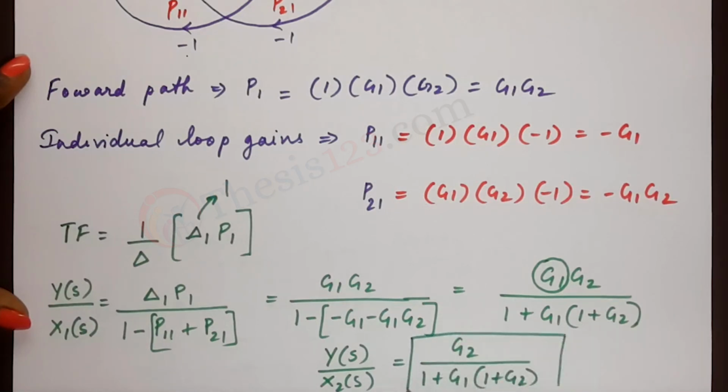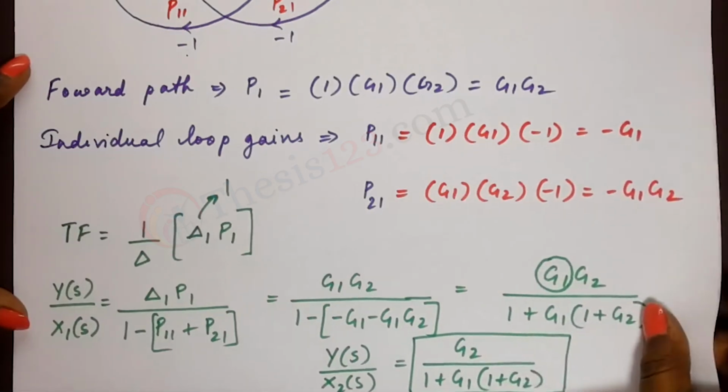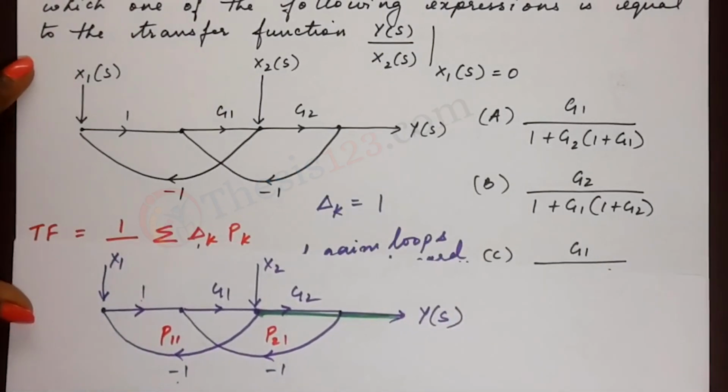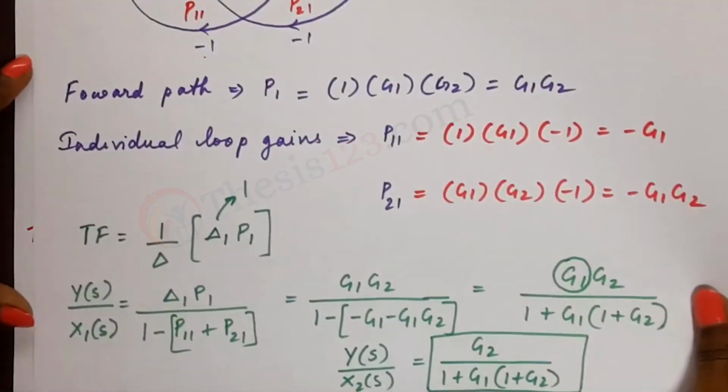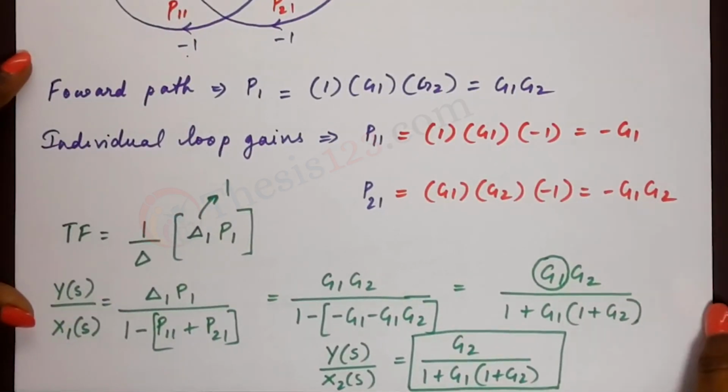Now this is our expression for the transfer function asked in the question. G2 divided by 1 plus G1 into 1 plus G2. And this matches option B. Well, this is the entire solution and I hope this has helped.